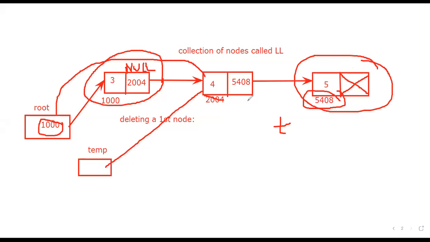For example, the third possible case: I want to delete a node 4. In this case, what will happen? First of all, I will link the 5 node to the 3 node, with the help of the temp variable. I will assign the right side link to node 5, and I will assign the left side link to the left node with the help of temp.